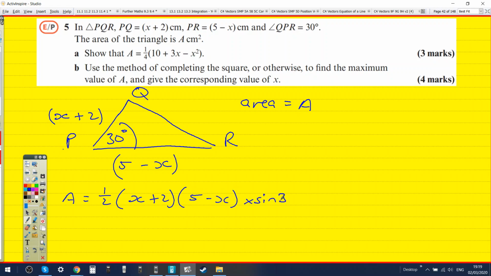And then would I expand the brackets here? So that would give me half, minus x squared plus 7x. Oh no, sorry, that'll be plus 3x.